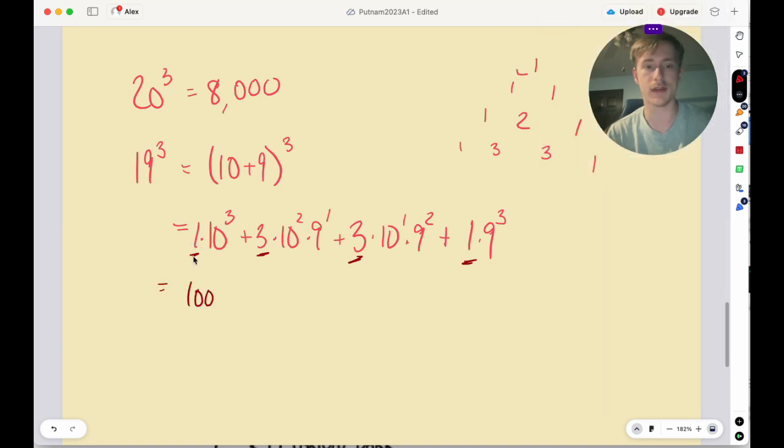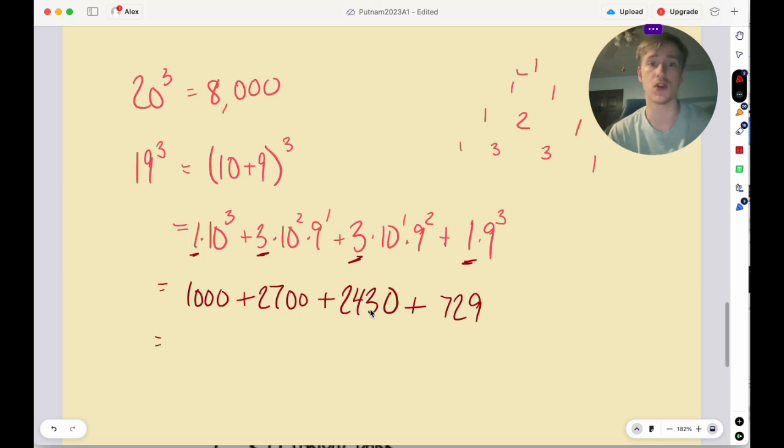And these are pretty simple to do. 10 cubed is 1,000. 10 squared times 9 is 900, times 3 is 2,700. 9 squared is 81, times 3 is 243, add a 0. And then 9 cubed is 729, I think. And then I just added these together.